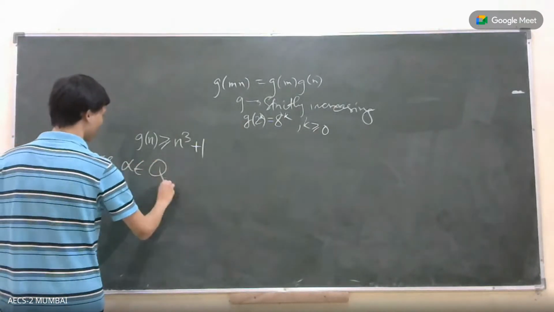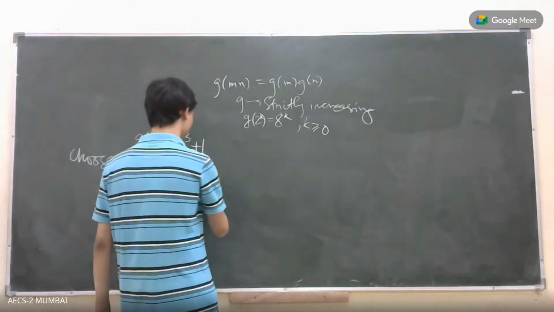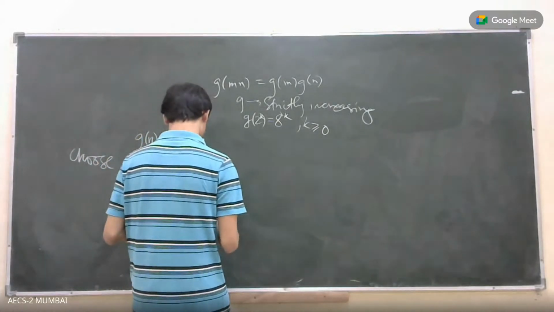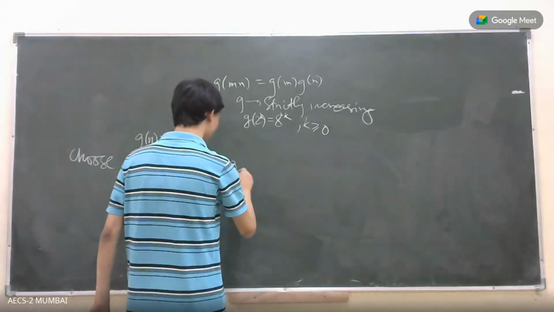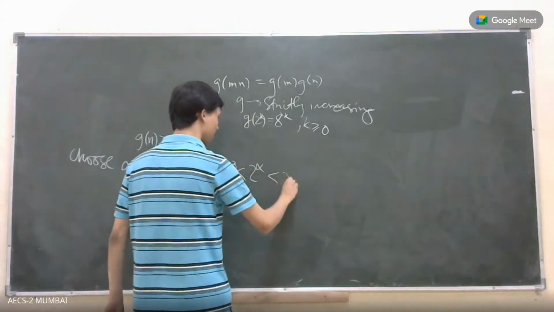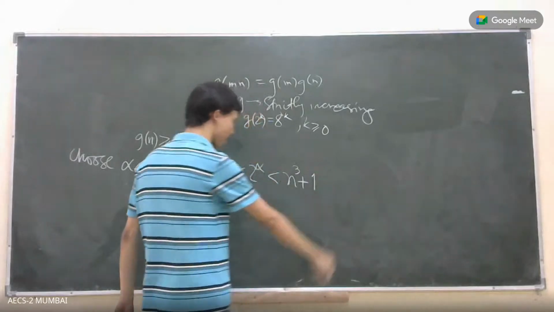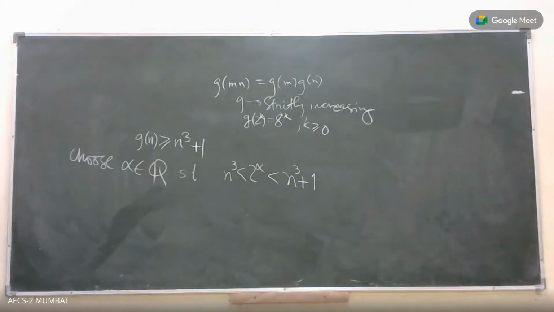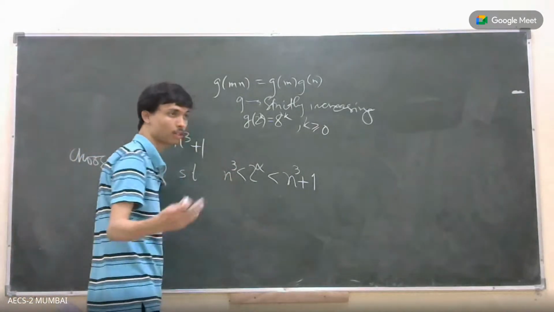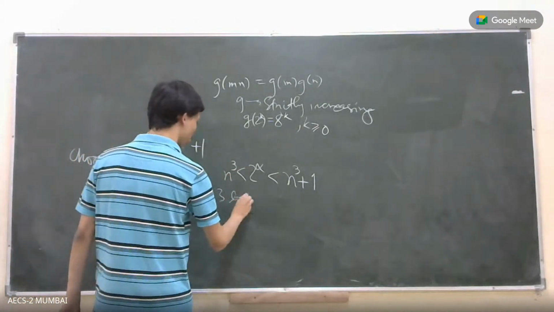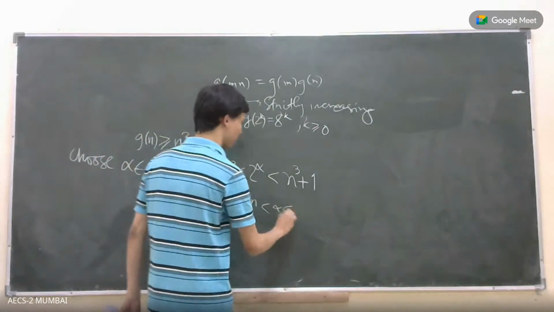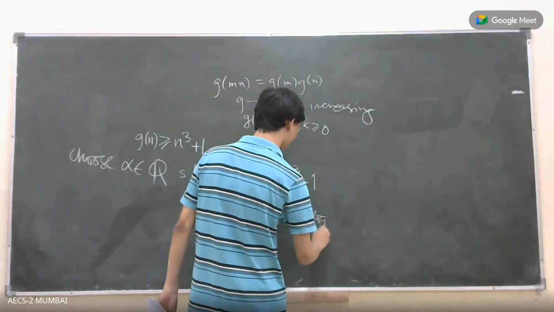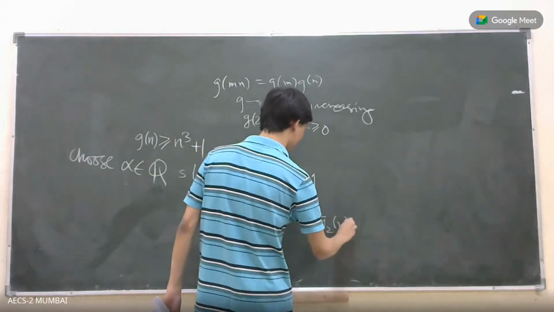Choose alpha to be a rational number such that n cube is less than 2 to the power alpha, which is less than n cube plus 1. Why can we do this? Basically, if I take log to the base 2, you get 3 log base 2 of n, and then alpha is between that and log base 2 of n cube plus 1.